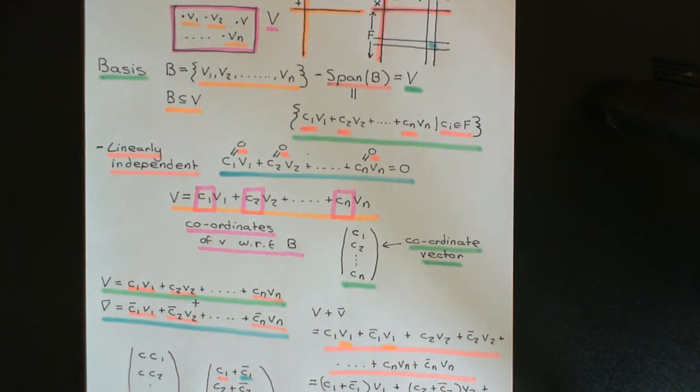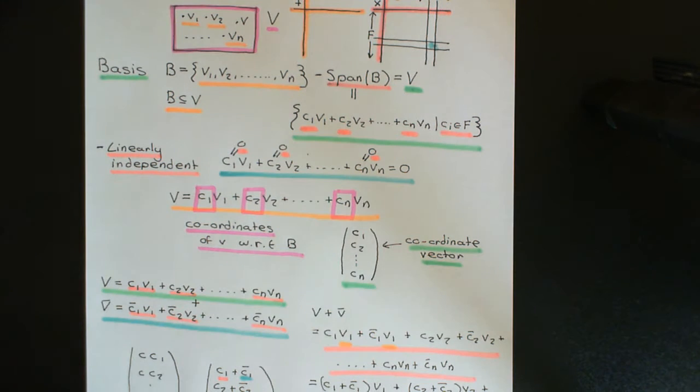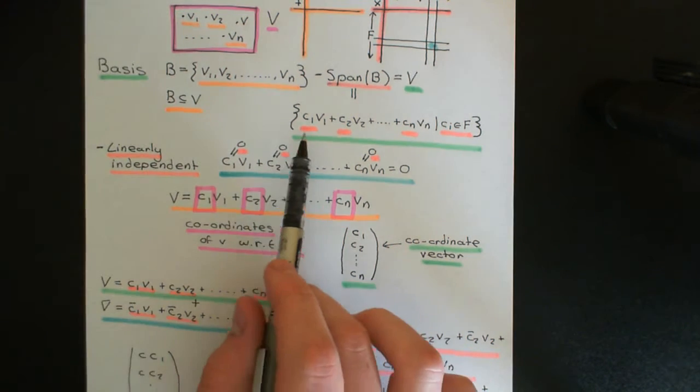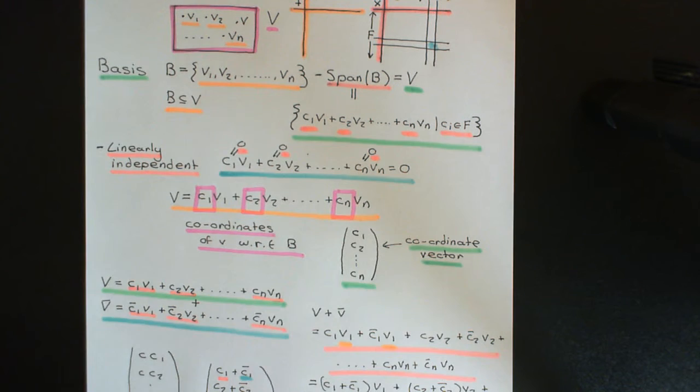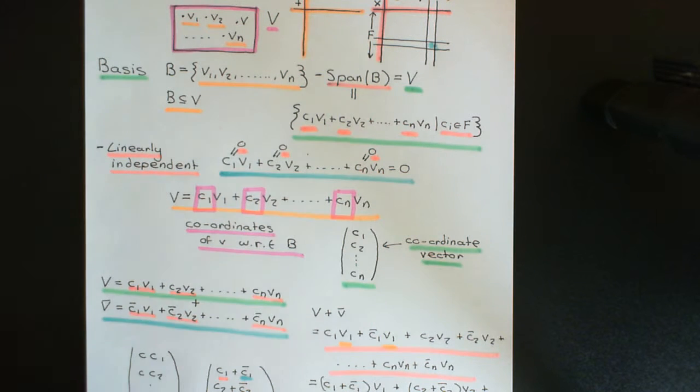And what that gives rise to is the fact that all the different linear combinations of the vectors in that set of linearly independent vectors must actually give different vectors within the vector space. So no two distinct linear combinations of the vectors from this set can give the same vector in the vector space.